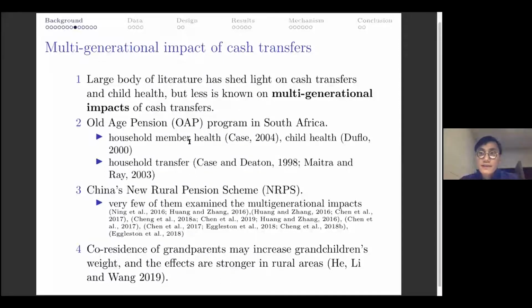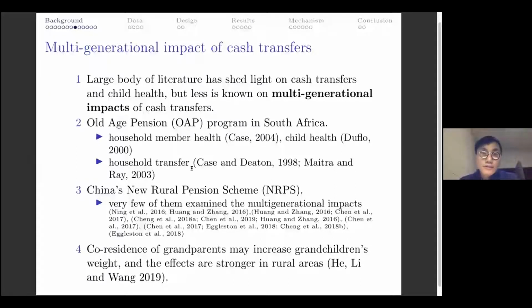In Duflo's study, they find a robust impact only among grandmothers on granddaughters, and it improves both child weight and child height in the long term.